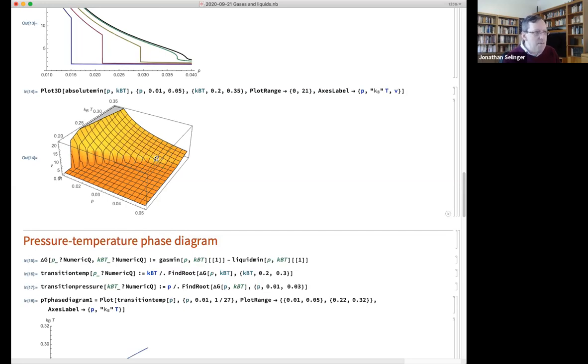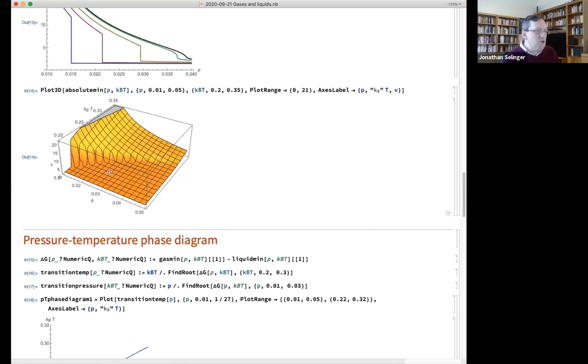And at some particular point, the jump goes away and the liquid and gas just merge into the same phase. And that point is the critical point. Okay? So it's different from the triple point. It's a different kind of point. And so this is the point. The special thing about it is that's where the distinction between liquid and gas goes away.